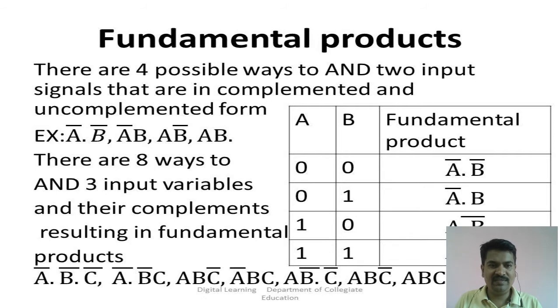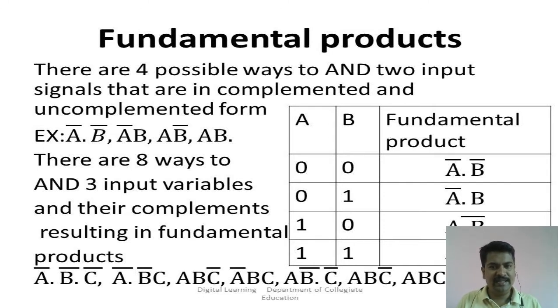If we come across three input variables, there are many possible ways of representing the product terms. There are totally 8 ways to represent three input variables in complemented or uncomplemented form.